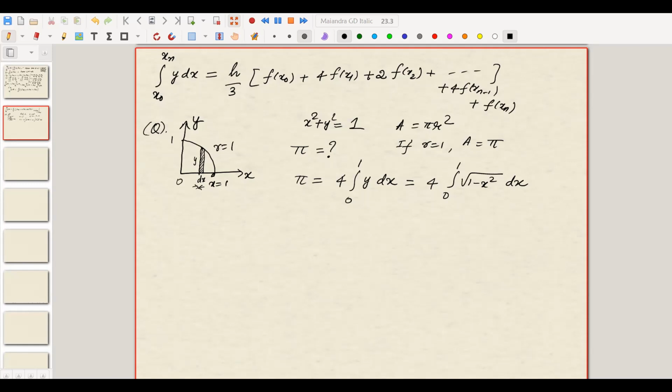I'll run it again in front of you. It is again pi, 3.14, and you're getting up to 12 or so decimal places.